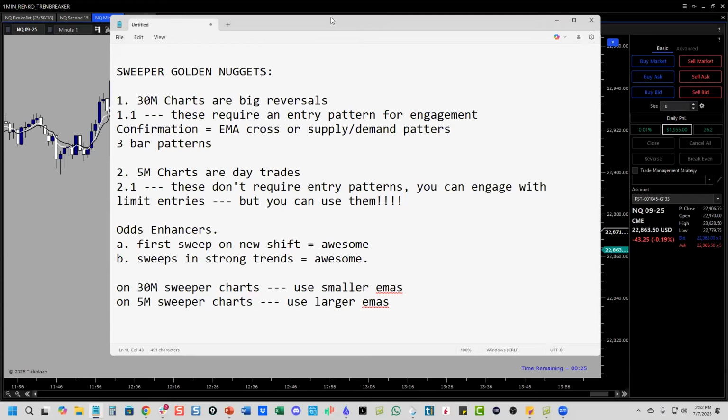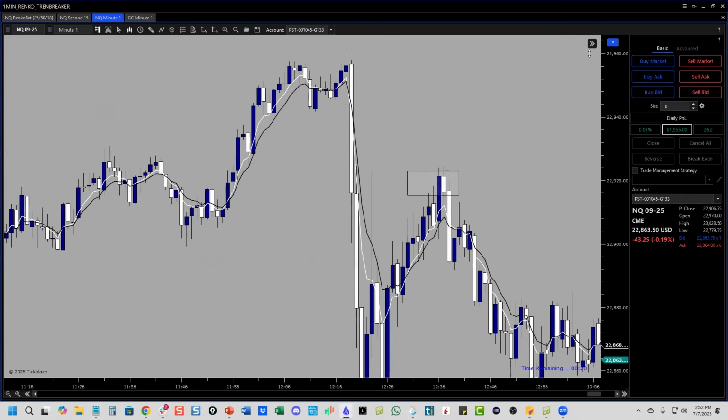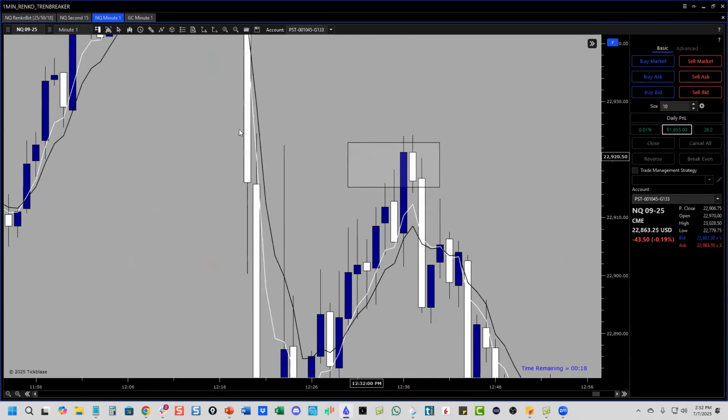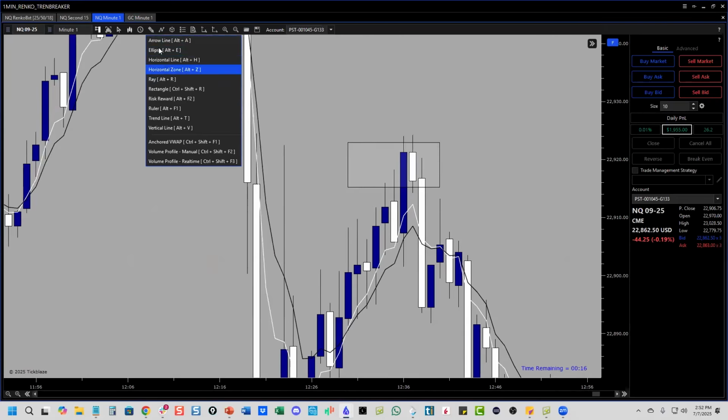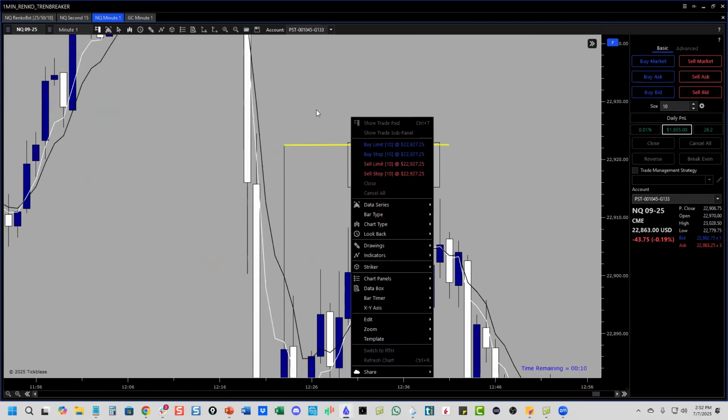So let me show you what I just showed you on the 30-minute. There was the sweep level right here. All it did, this was the 5-minute candle right here. I'm going to draw a little line on it. Right there. That was the sweep on the 5-minute.